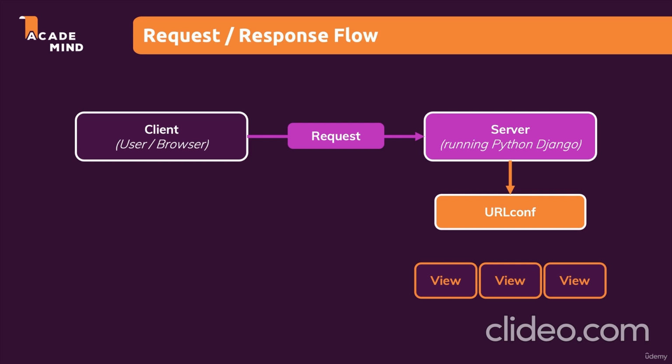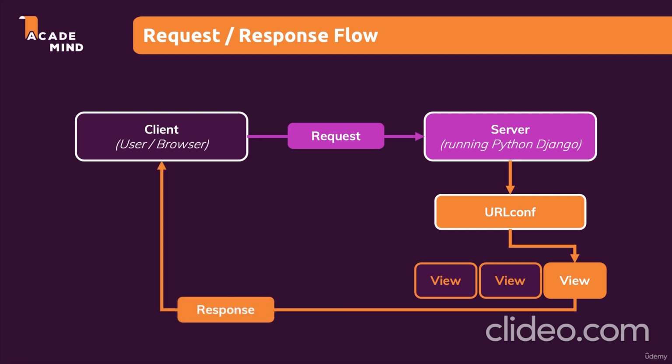And depending on the URL that was entered, one specific view function will be executed, and that view can then do something with the request if it needs to, extract data, for example, but it then generates a response and sends back that response to the client. That's how URLs and views are working together. And now we're going to dive deeper into that and learn more about that.